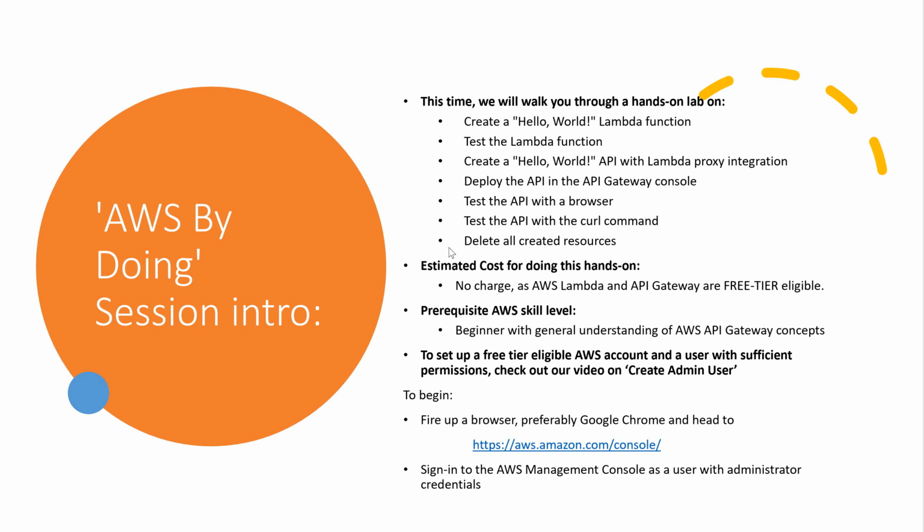In this hands-on, we will build a Hello World REST API with Lambda proxy integration. In a Lambda integration, the HTTP method request from the client is mapped to a backend Lambda function invocation. In a Lambda proxy integration, the entire client request is sent to the backend Lambda function as is, except that the order of the request parameters isn't preserved.